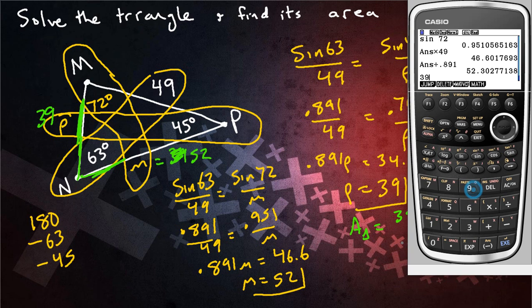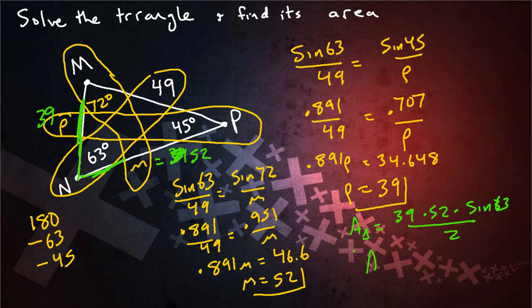So 39 times 52 times sine 63, all divided by 2. So 903. And that wraps this lesson up.